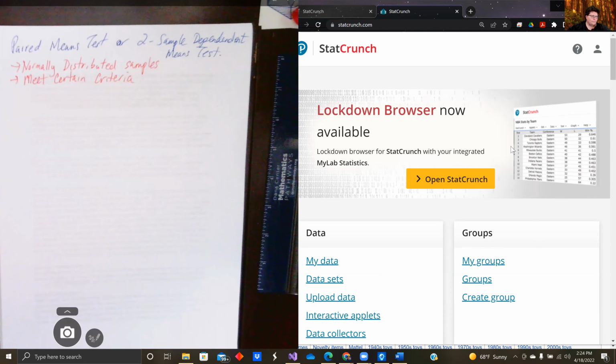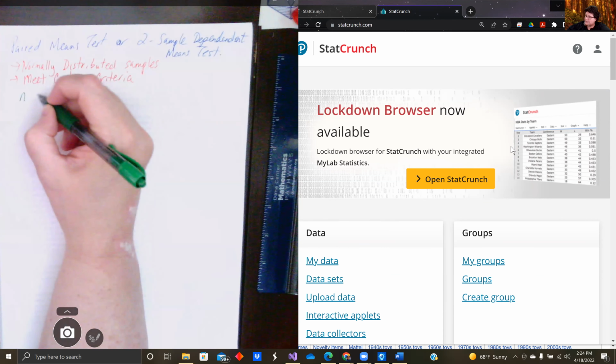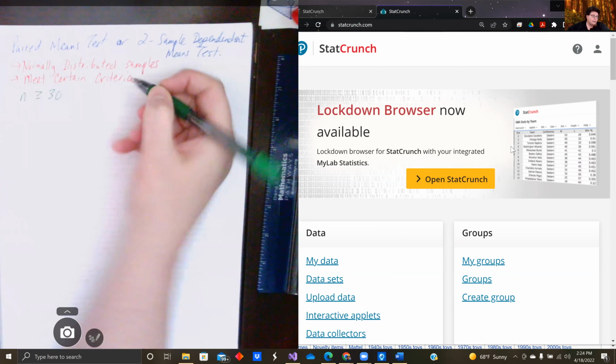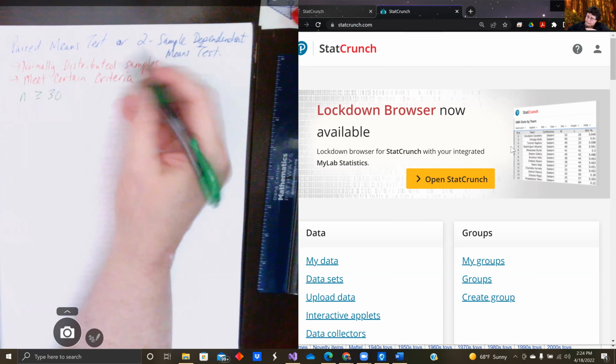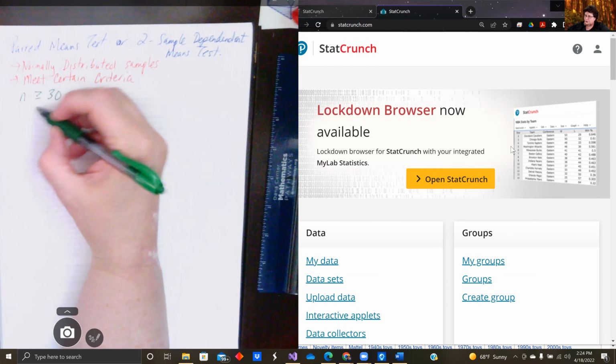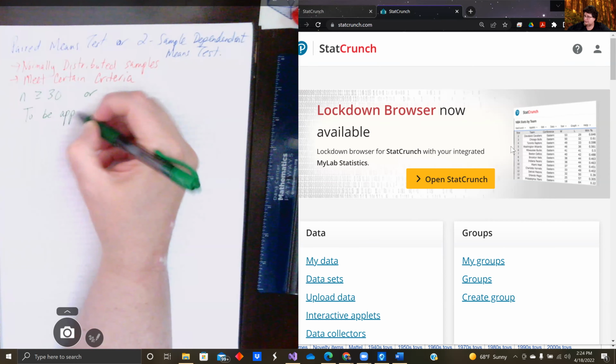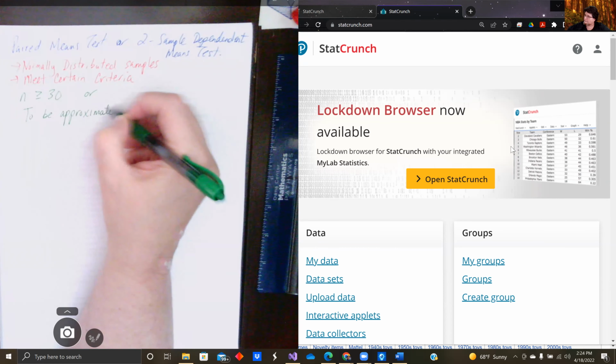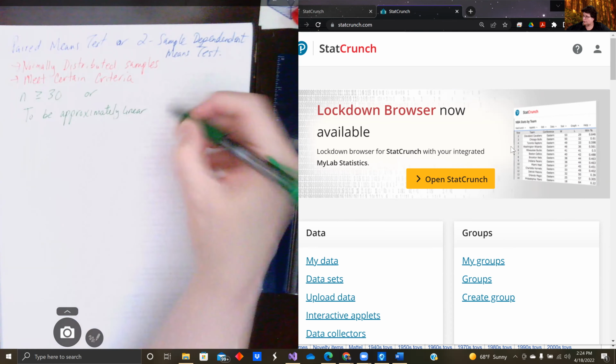And when we did this with one mean, what we wanted is, let's go with green again. We wanted our sample size, remember our sample size needs to be greater than or equal to 30, or it needs to be approximately linear with no outliers.